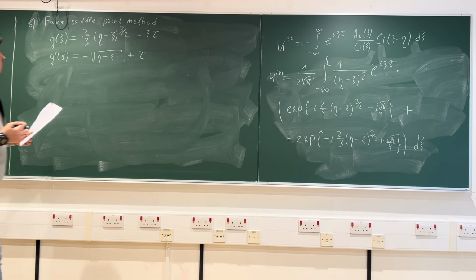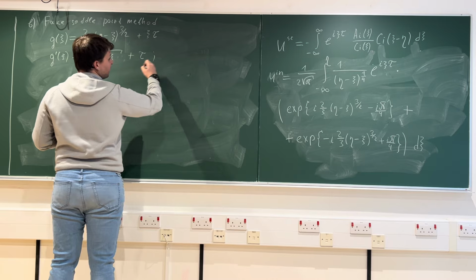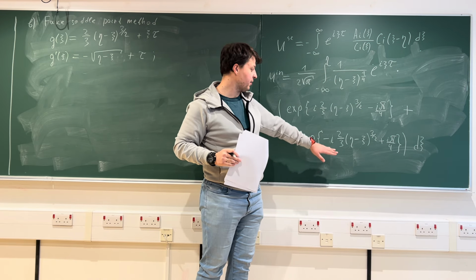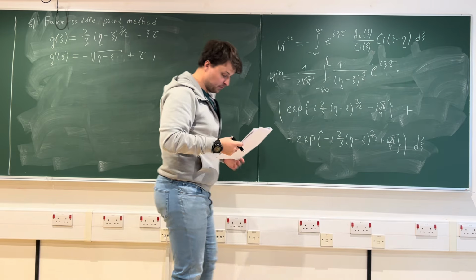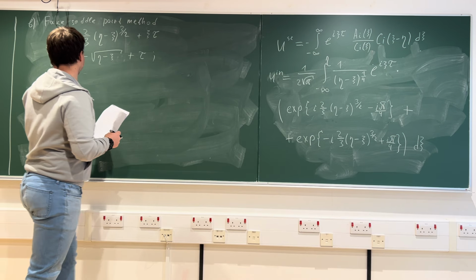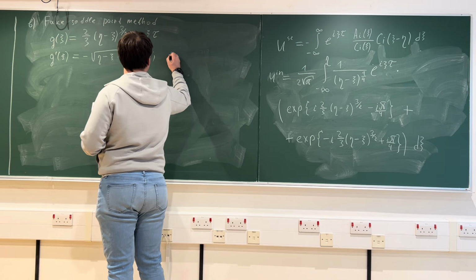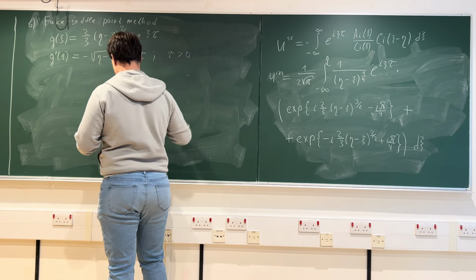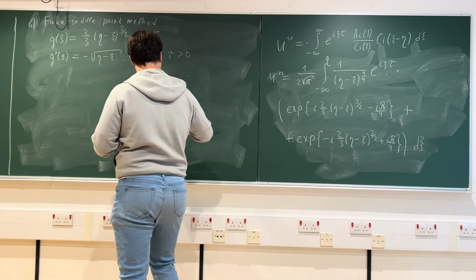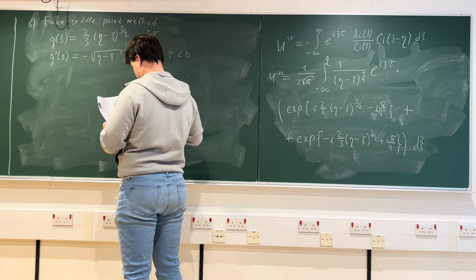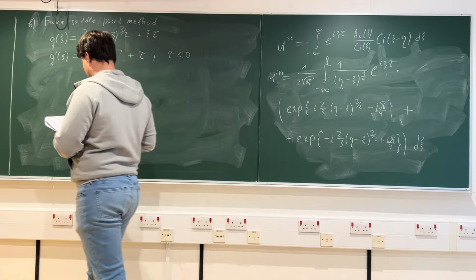So, what can we say for that? So this is for this first term, and I'm ignoring the second term. The first term, we can definitely say we have no stationary phase points for tau less than 0.